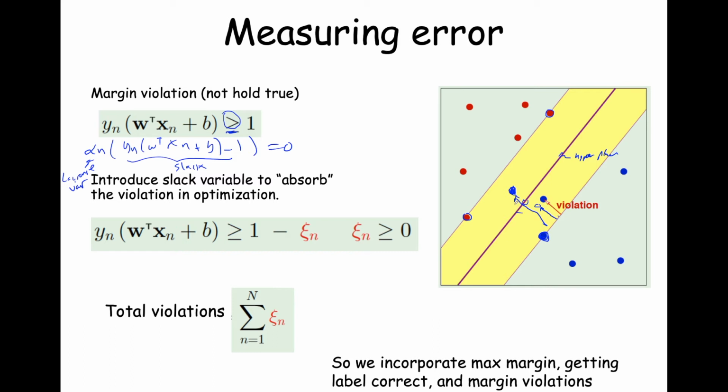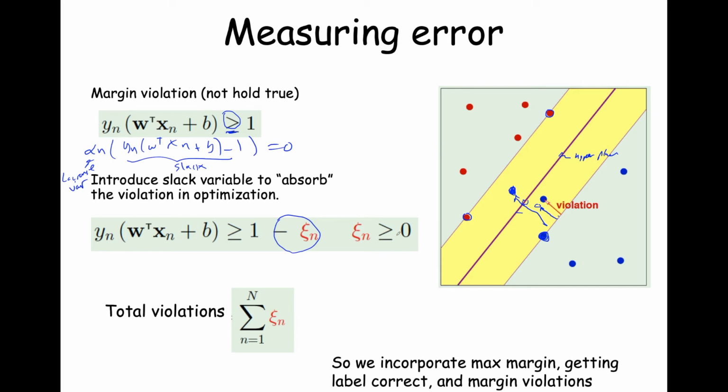So if you're closer and closer to the margin, your margin violation, that means we need this extra term that's going to subtract from the equals 1 case. And we call that a so-called slack variable, and its Greek letter xi. Okay, that's how you pronounce it, xi. Now, xi is going to be greater than or equal to 0. If you are a margin point, xi is equal to 0. Okay, so that's just the equals 1.